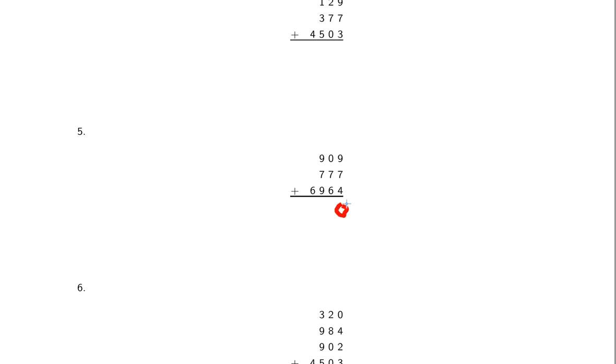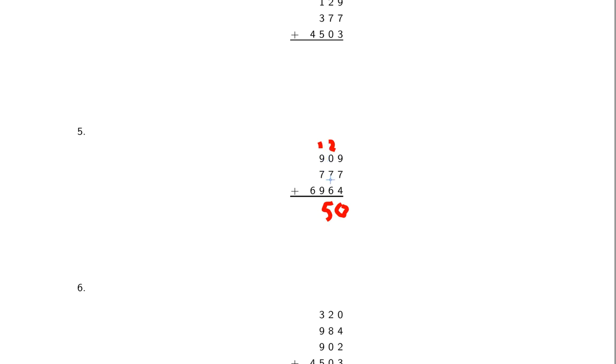So we'll write the 0, carry the 2 tens, and then the tens column, so 2 plus 0 plus 7 is 9, plus 6 is 15. Write the 5, carry the 1.